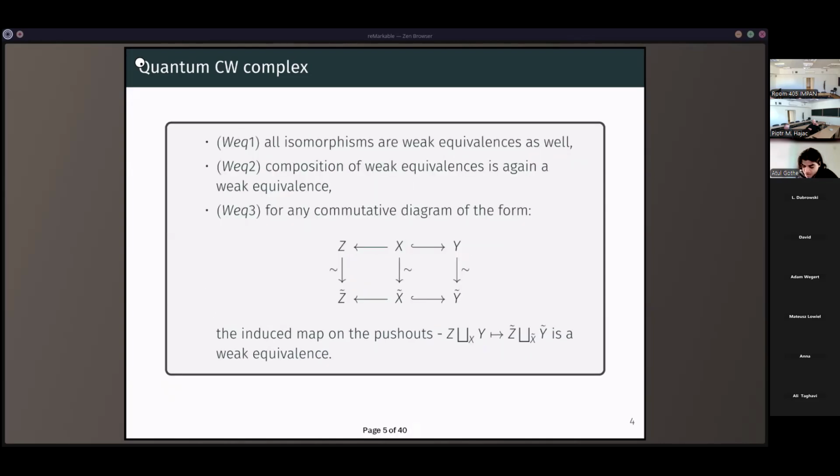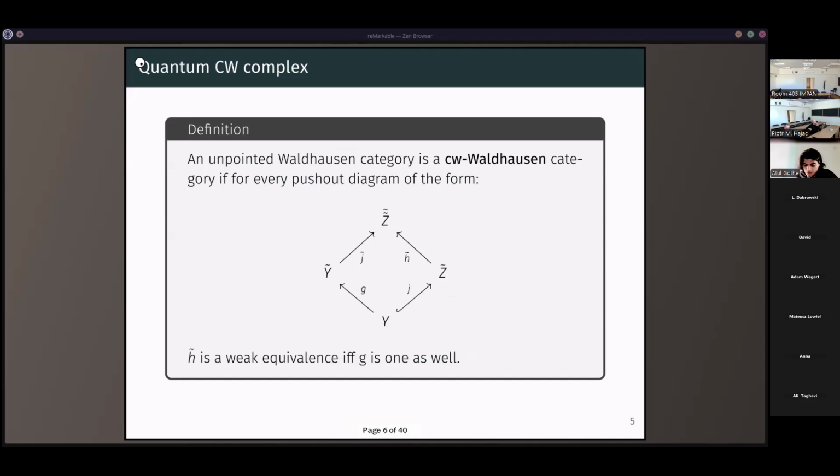An example of such a category would be the homotopy category of topological spaces. To this unpointed Waldhausen category, we add a weakening, which is called a CW Waldhausen category, or cofibration weakening Waldhausen category. It means that if we have any pushout of the form where y goes to y tilde and y goes to z tilde, and the pushout is z double tilde, then h tilde is a weak equivalence if and only if g is a weak equivalence as well.